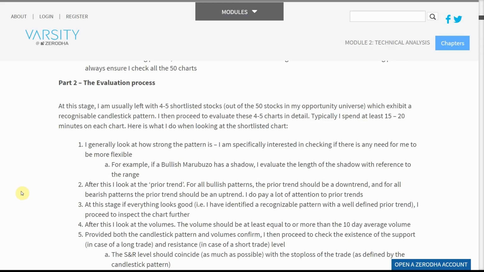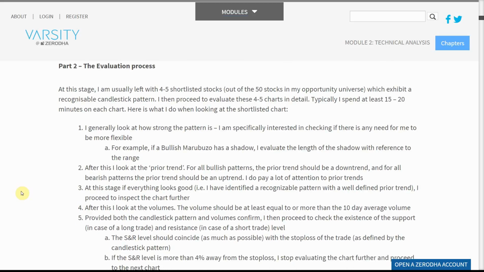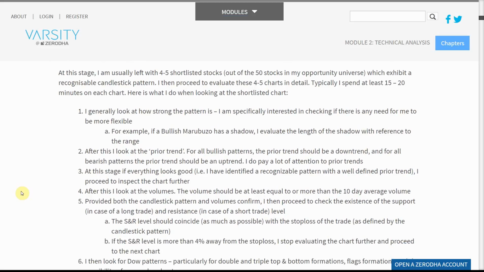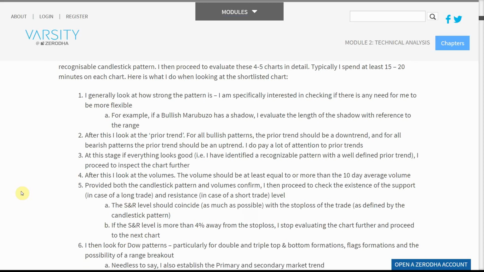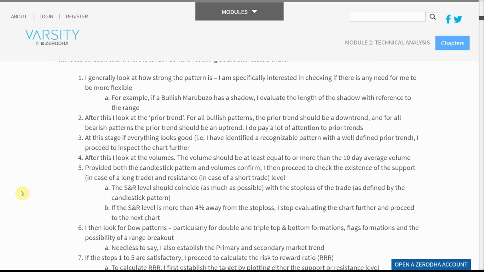Here is what I do when looking at the shortlisted chart. I generally look at how strong the pattern is. I am specifically interested in checking if there is any need for me to be more flexible. For example, if a bullish Marubozu has a shadow, I evaluate the length of the shadow with reference to the range.